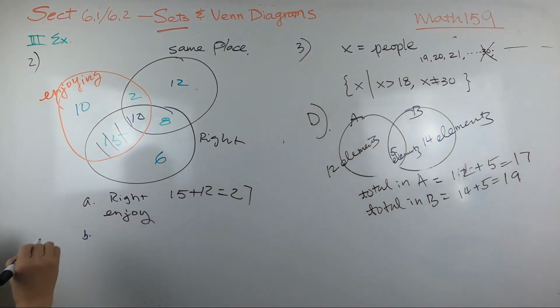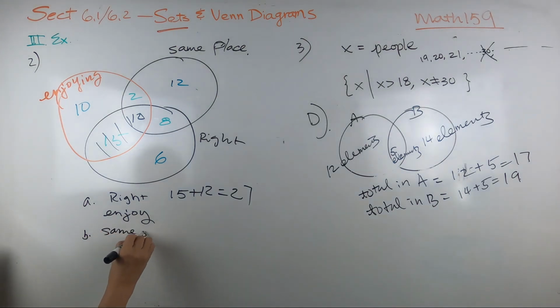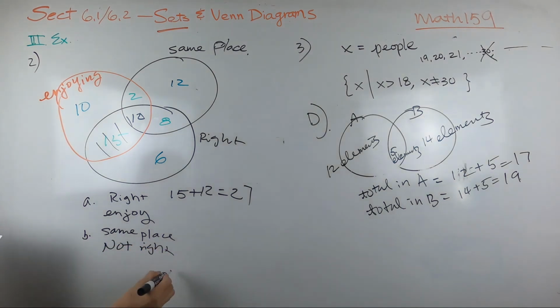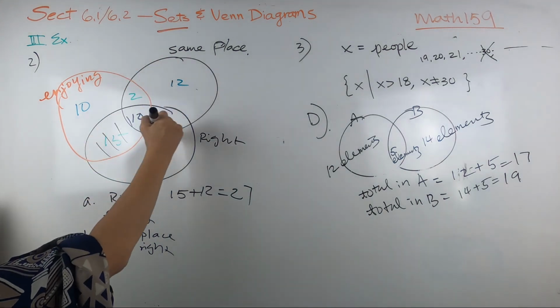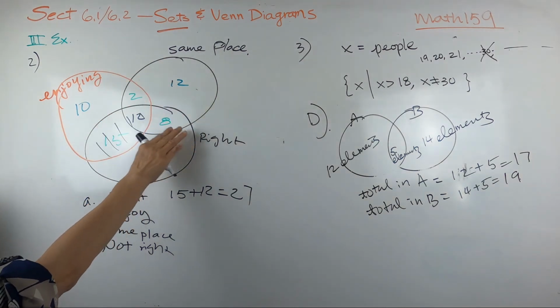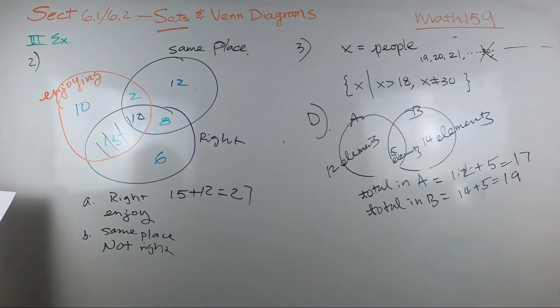And next one, same place, but not right hand. That means the right hand complement, outside of right hand. So same place is here, right? But not right hand, cannot be in right hand. So that would be what? Same place.